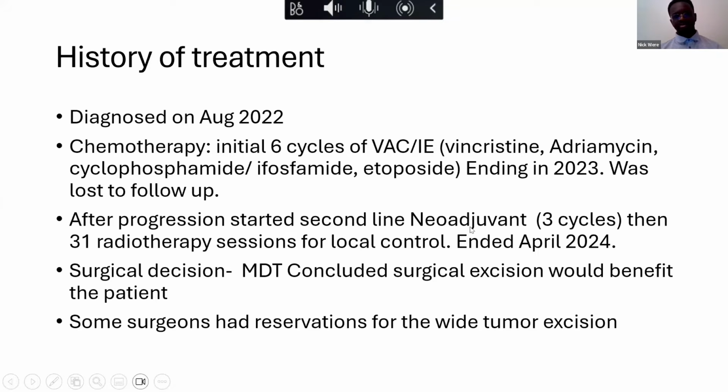And after the radio sessions ending in April 2024, an MDT decision for a surgical excision was made. Though at the meeting, there were some reservations from some surgeons to surgically intervene, but yeah, the decision was made.